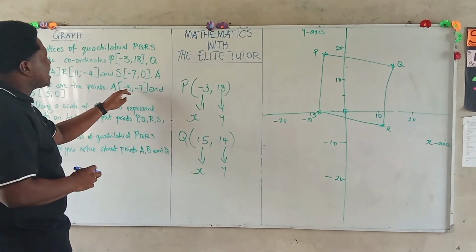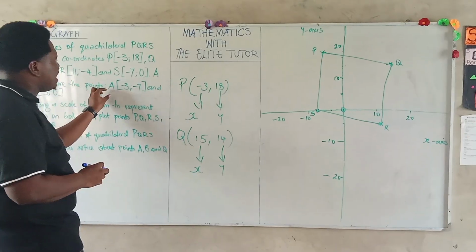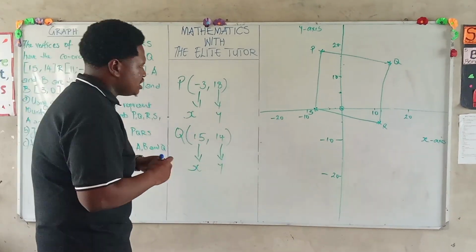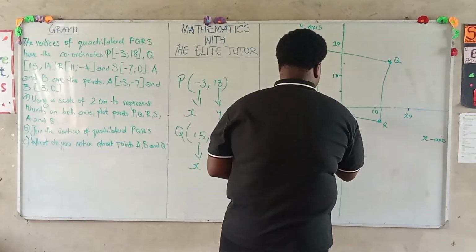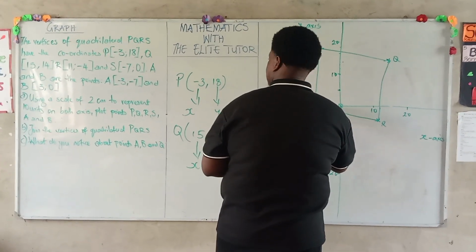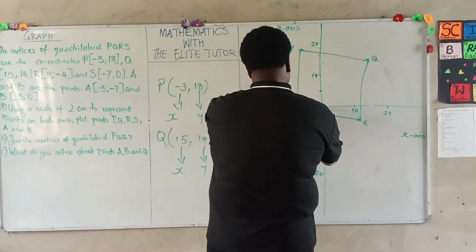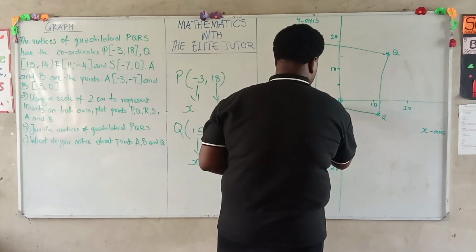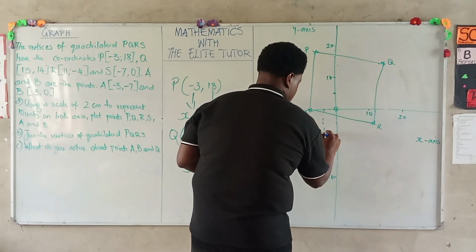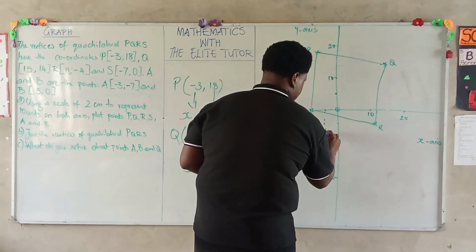The coordinates of A are -3 and -7. So when x is -3, we have -3 somewhere here from 0 to -3. When x is -3, y is -7. So we trace it down, and let's say -7 will be here.